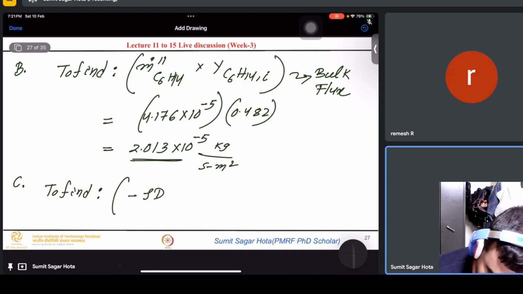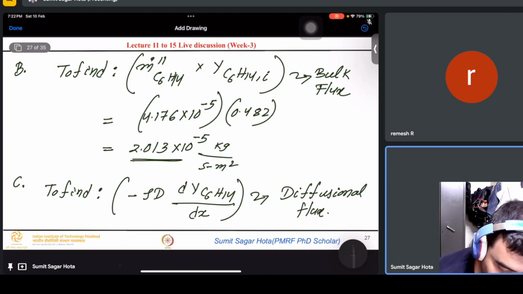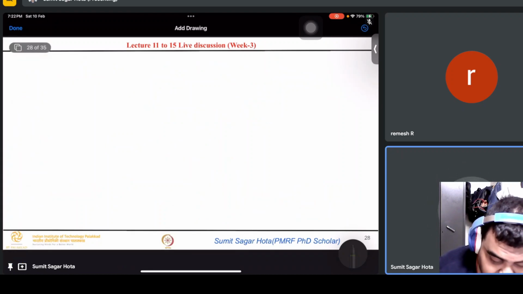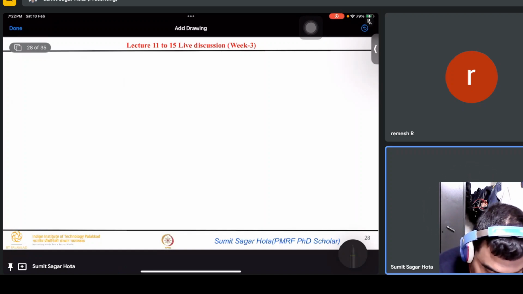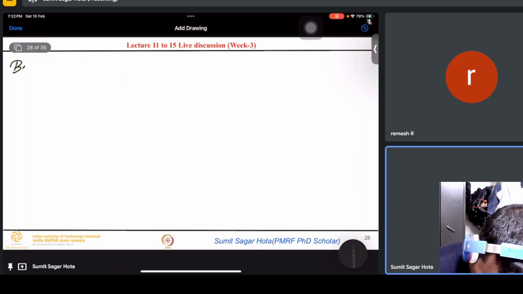For diffusional flux, we will apply the basic formula, which is Fick's law.